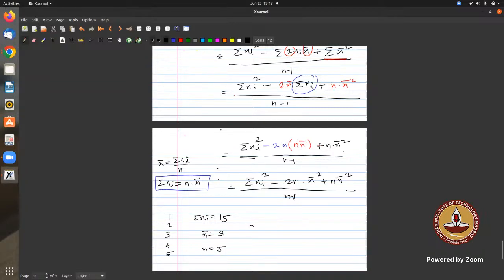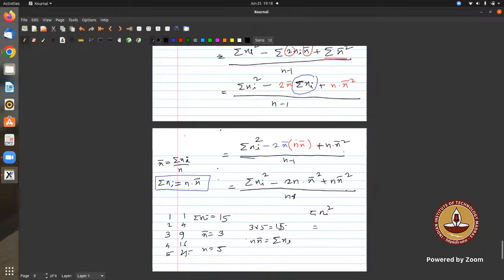So I can write 3 into 5 equals 15, which is n into x bar, as summation of xi. But when I say summation of xi square, what does that mean? Xi square means individual squares: 1, 4, 9, 16, 25.